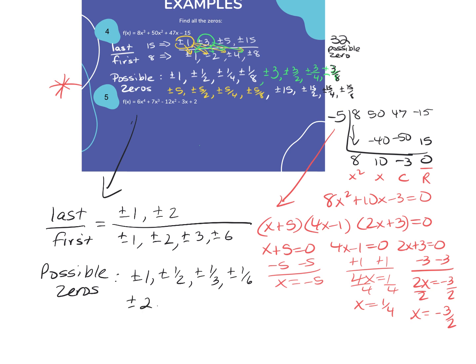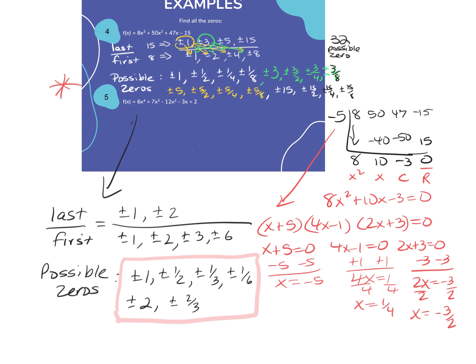So plus and minus 2. 2 over 2 is 1. I've already listed it. And then I can list plus and minus 2/3. And then when I do the 2 over the 6, it just simplifies to 1/3. So these are all of my possible zeros. Again, remember when you're entering them into WebAssign, you need to enter them as individual. You can't put the plus minus.